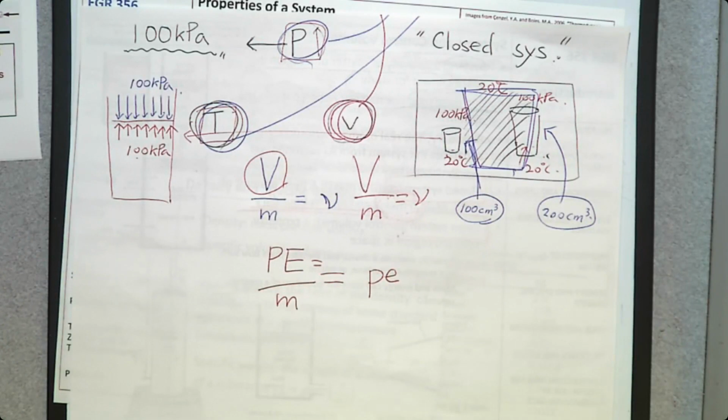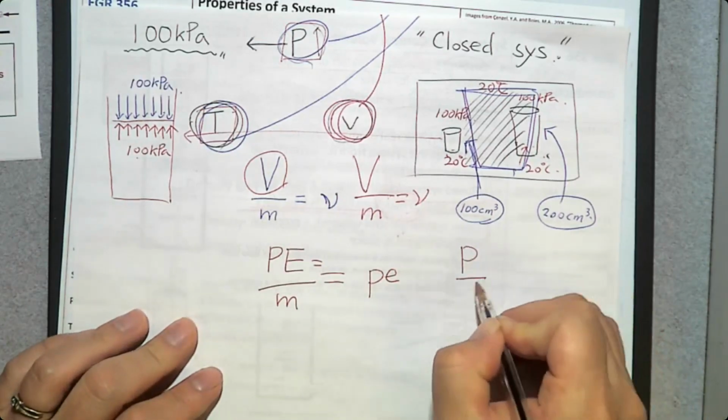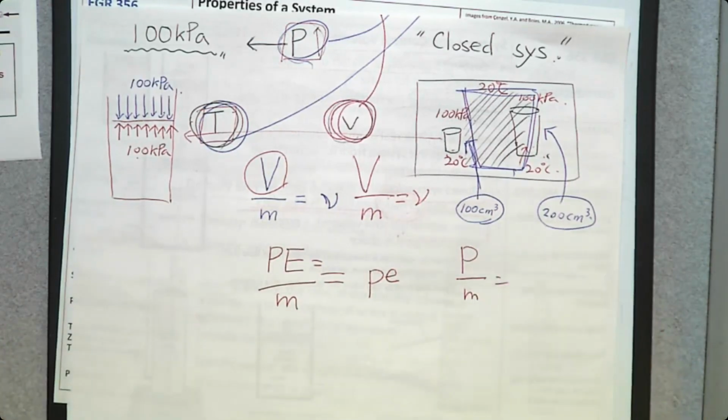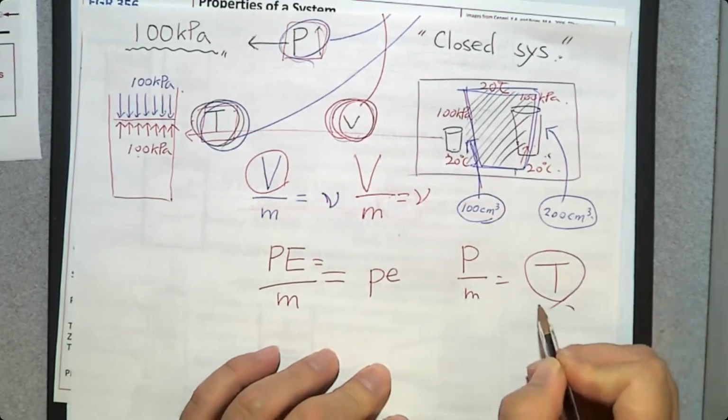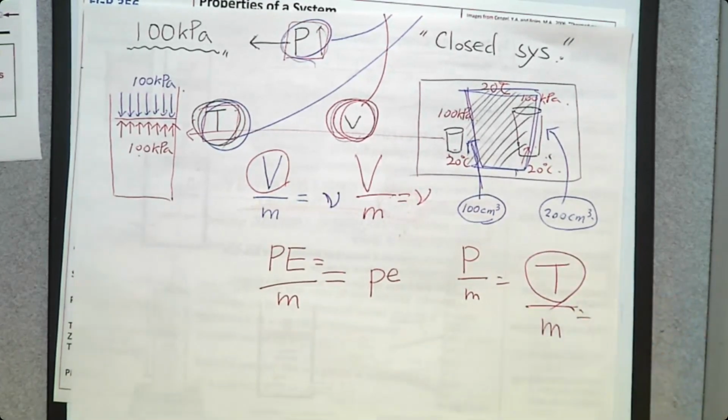Makes sense. But what about pressure? Pressure divided by mass. Pressure per unit mass doesn't make sense, because pressure is equal, as long as we're in the same room, right? What about temperature? Temperature divided by mass. Does it make sense? What is my body temperature? In Celsius, around 36.5.